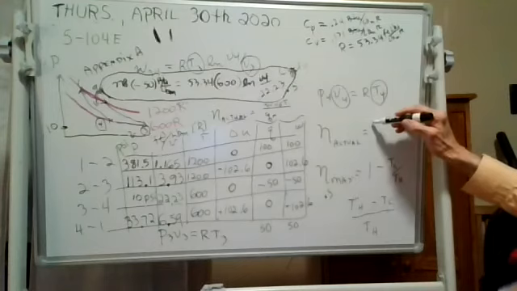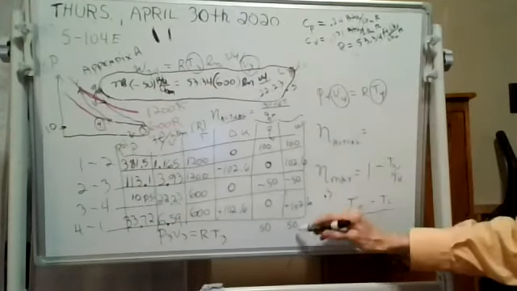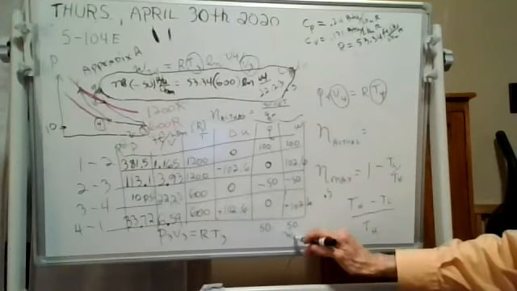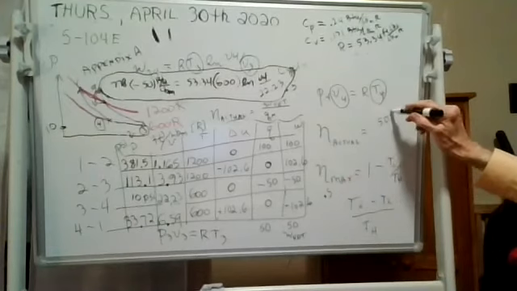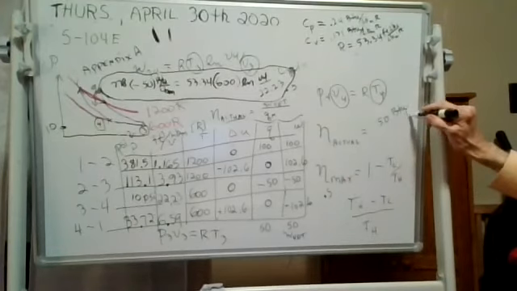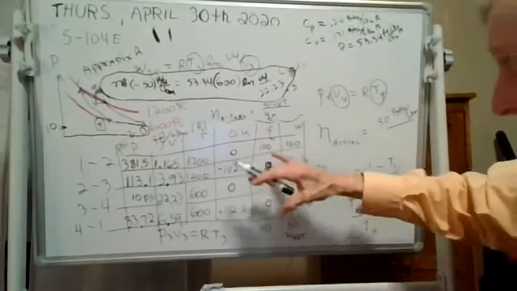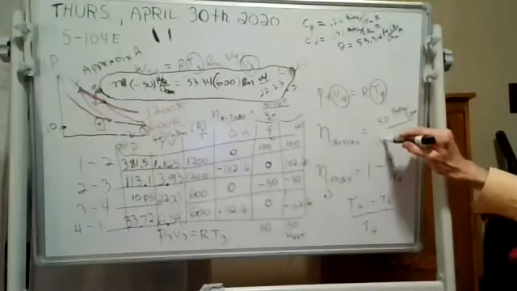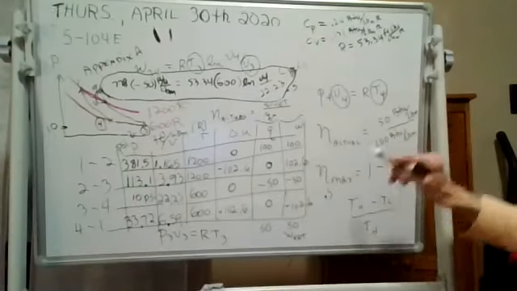Now, if you do the actual, what you do is you take this net work right here, which is 50 BTUs per pound mass, and you divide by the 100. That costs you money. The 100.